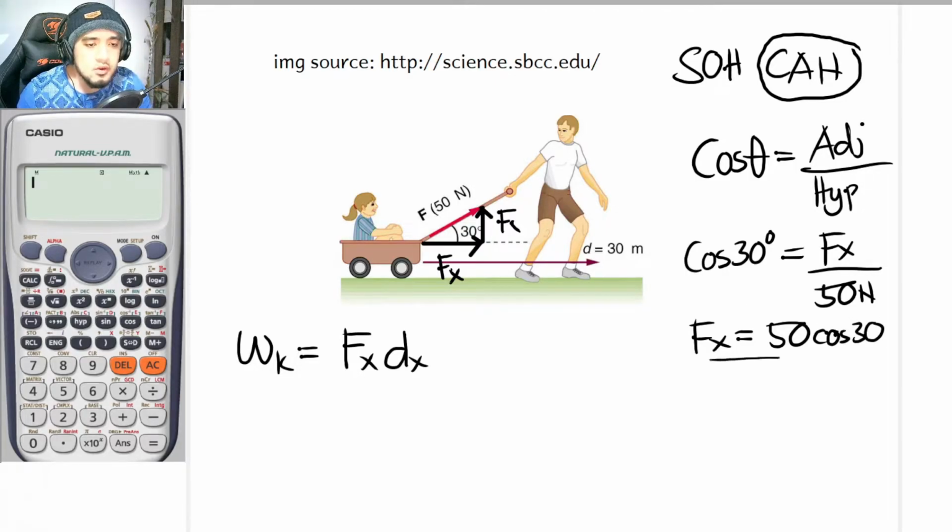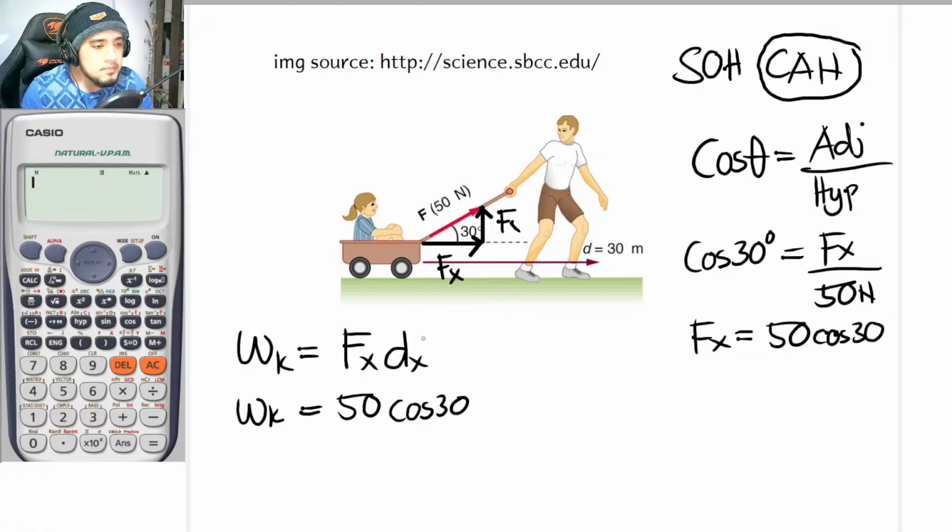Substituting known values to our equation here, work is equal to 50 cosine 30 times dx, and our dx here is 30.